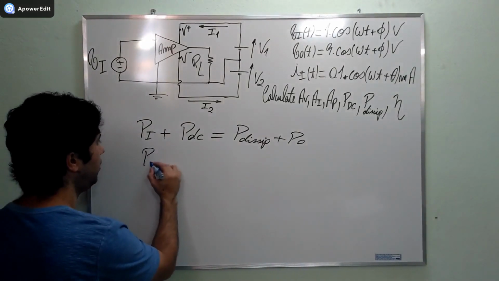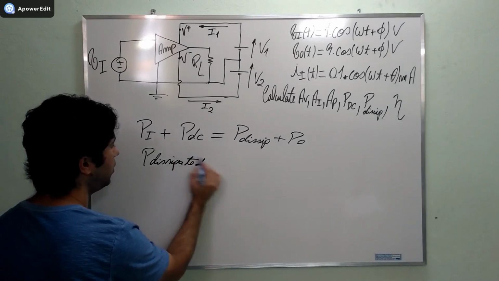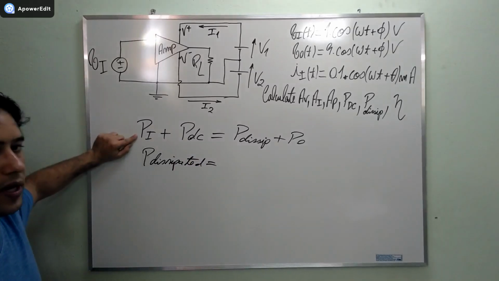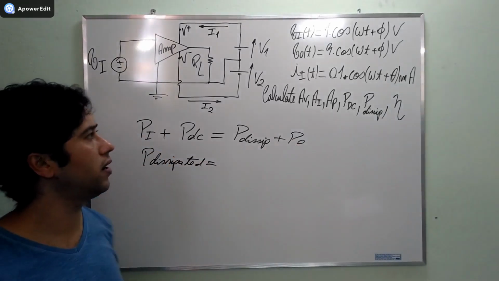So P dissipated will therefore be equal to, we have already calculated this, we have already calculated this, we have already calculated this.